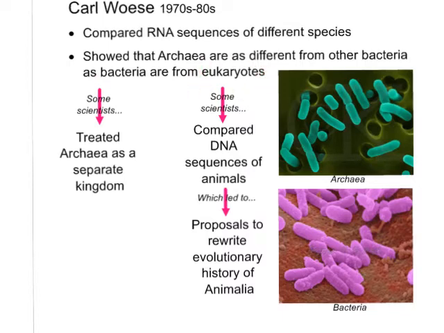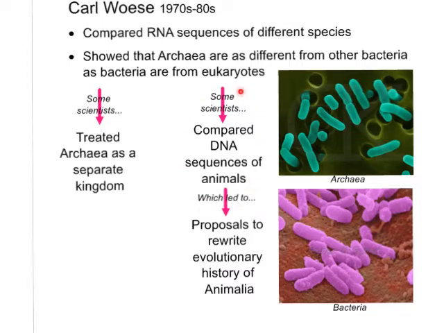Now remember, our cells are eukaryotic, plant cells are eukaryotic. So his finding was actually very surprising to some, and some scientists treated archaea at that point as a separate kingdom. And that's the model that we've presented as well, the six kingdom model.